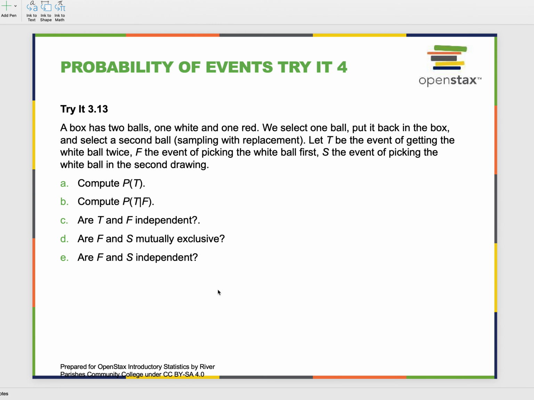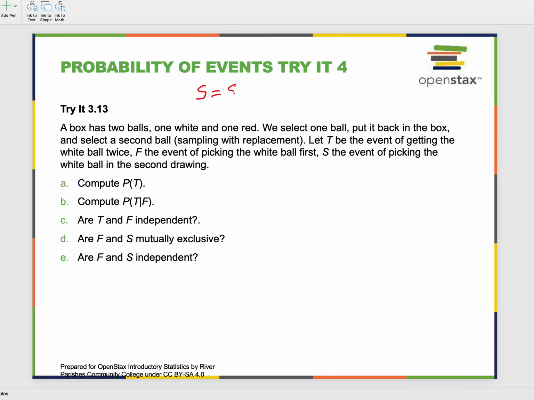So, a box has 2 balls, one red and one white. We select one ball, we put it back in the box, we select a second. Let T be the event of getting the white ball twice. Let F be the event of picking the white ball first. Let S be the event of picking the white ball in the second drawing. Okay, so what's my space look like here? Let's write this down.